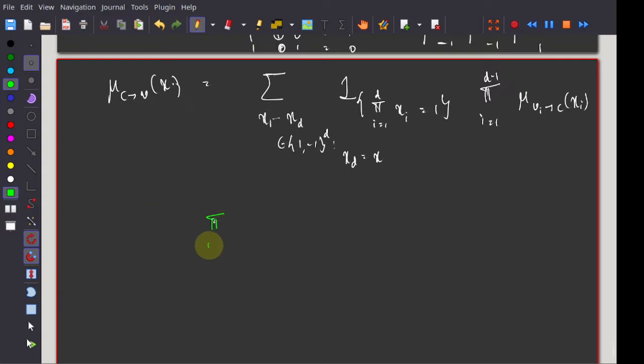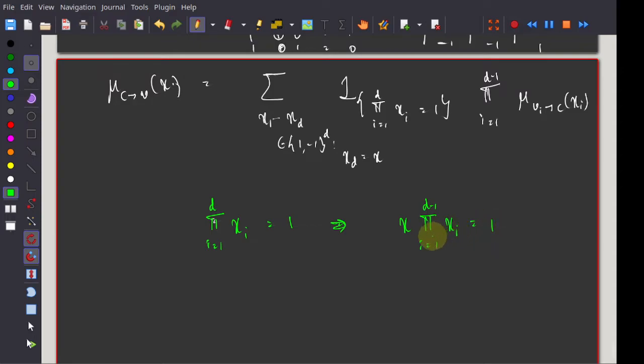So we have the product over i equal to 1 to d of x_i should be equal to 1, right? Out of which one of these elements, the dth element, is equal to x. So this is the same as x times the product over i equal to 1 to d minus 1 of x_i is equal to 1.